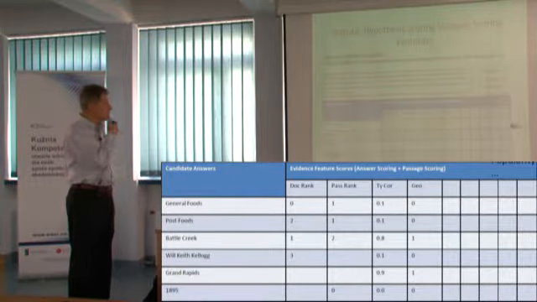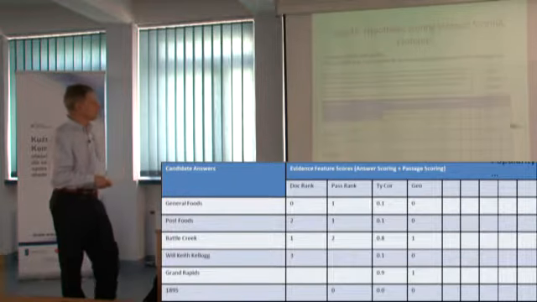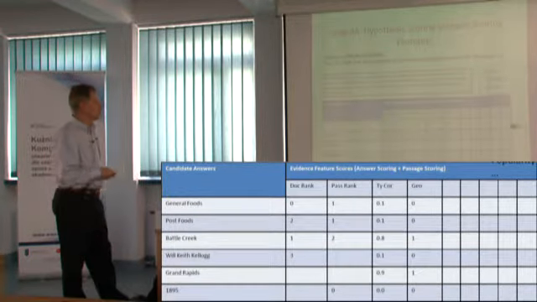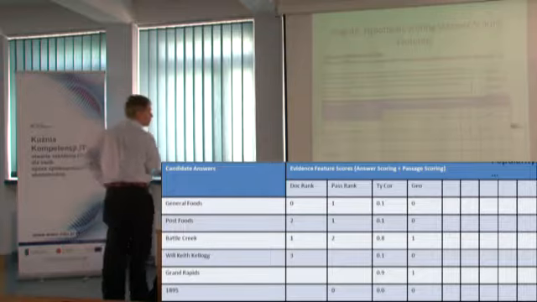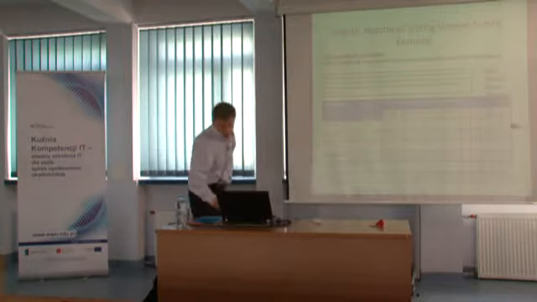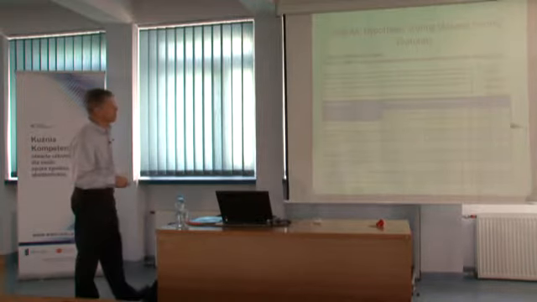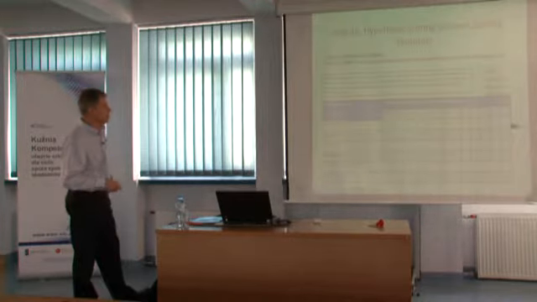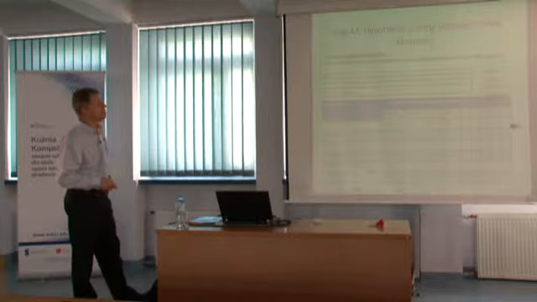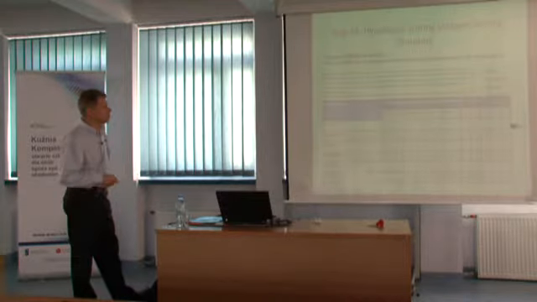Could Post Food be a city? Could Battle Creek be a city? Could Kellogg be a city? And could Grand Rapids be a city? From that, we have that Battle Creek indeed is a city, and Grand Rapids is also a city with a higher score. We have more evidence for Grand Rapids to be a city than for Battle Creek.